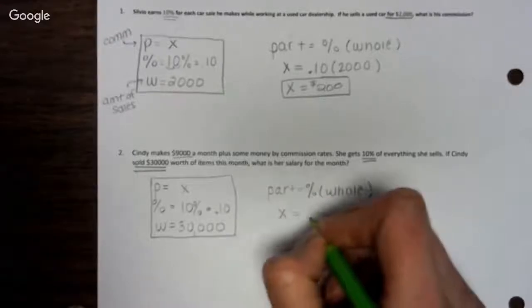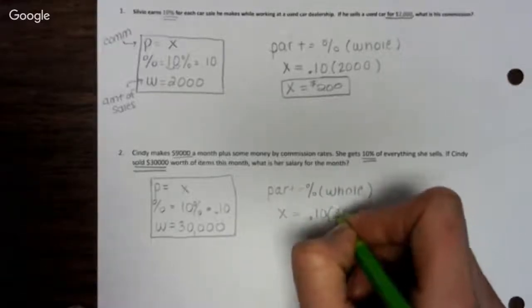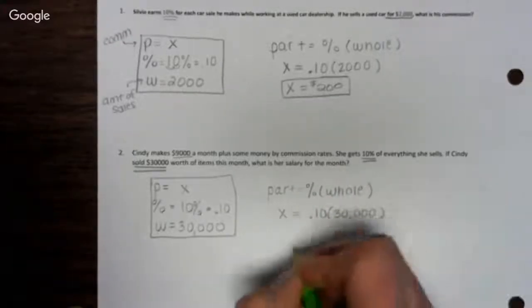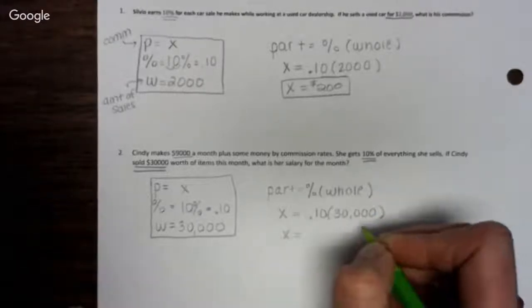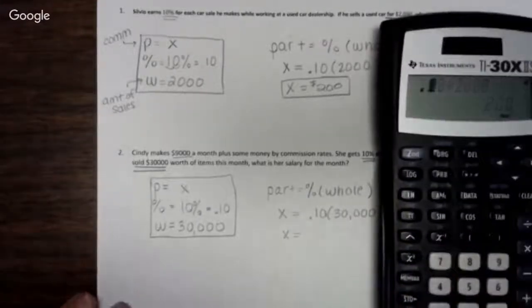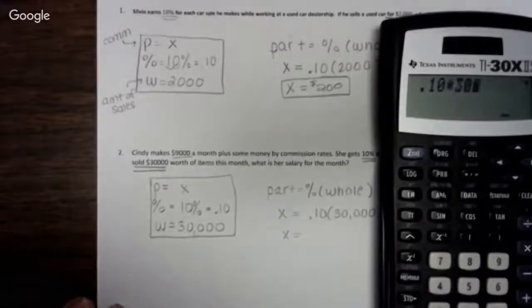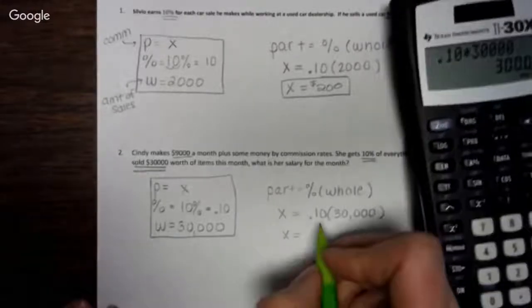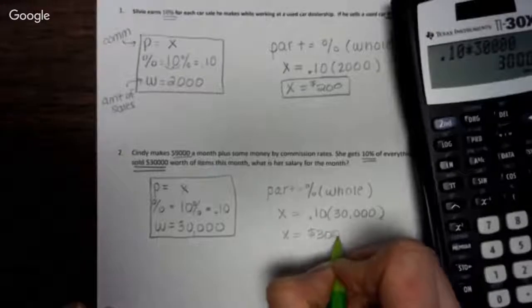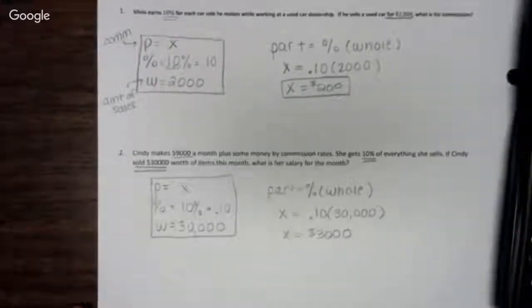So X is equal to 0.10 times 30,000. I'm going to bring in my calculator. 0.10 times 30,000 gives us $3,000. So she's going to make $3,000 in just commission.